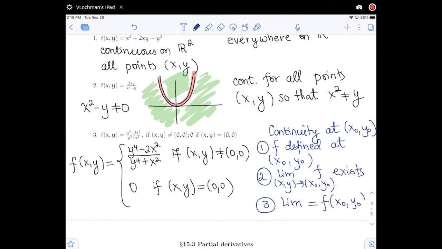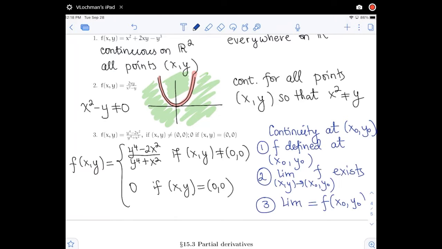These are the three conditions that we need to satisfy. We've done these conditions for just a function of one variable, so we only had that one x. In this case, we have an ordered pair, x null, y null. Now let's see which conditions are satisfied for 0, 0.